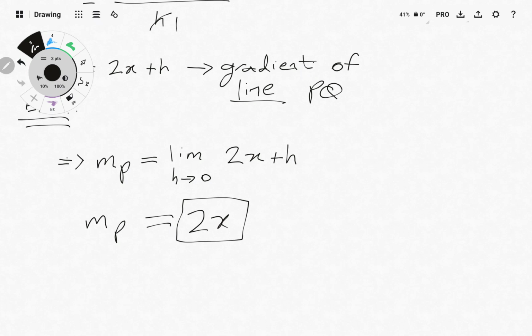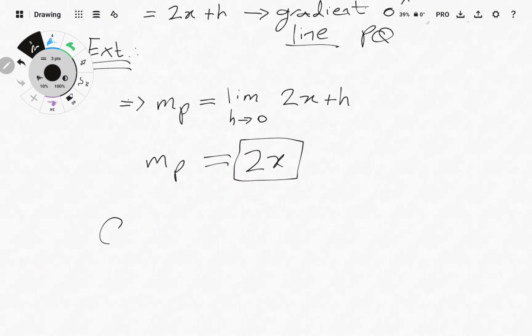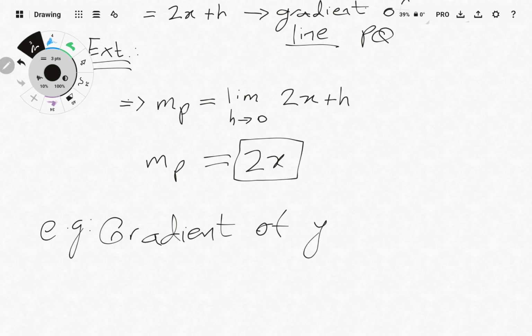So basically, let me give you an example. If I want to find the gradient of the curve y equals x squared at, let's say, I'll write this down: gradient of y equals x squared at x equals 1.